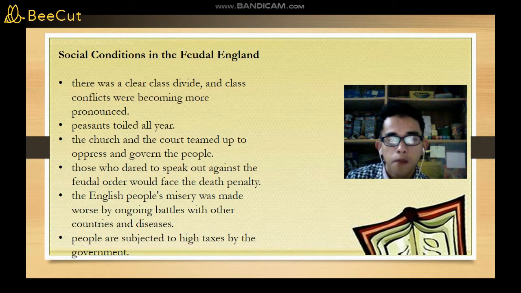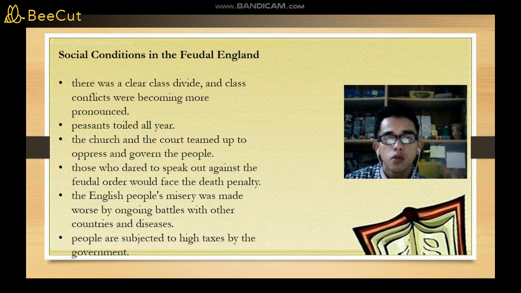What else? The English people's misery was made worse by ongoing battles with other countries and diseases. People were subjected to high taxes by the government. Imagine the social conditions in feudal England.